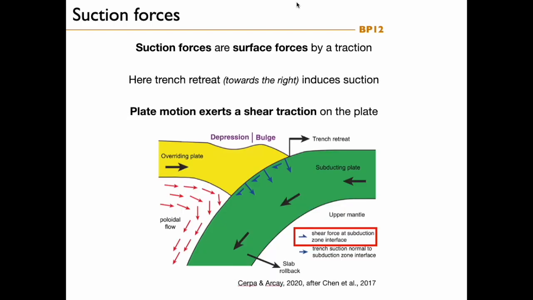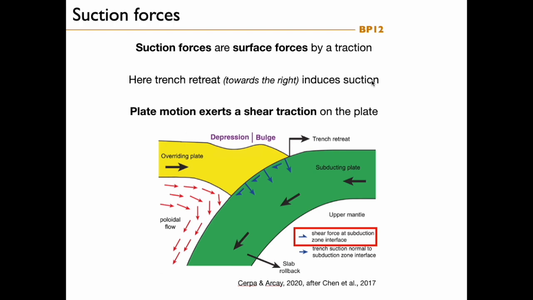Another type of suction force may be caused by subduction dynamics. So for example, here we have the trench retreat. You have to imagine the plate here is subducting, but the trench is moving towards the right. This will induce a suction force, and there are 2 types of suction force.